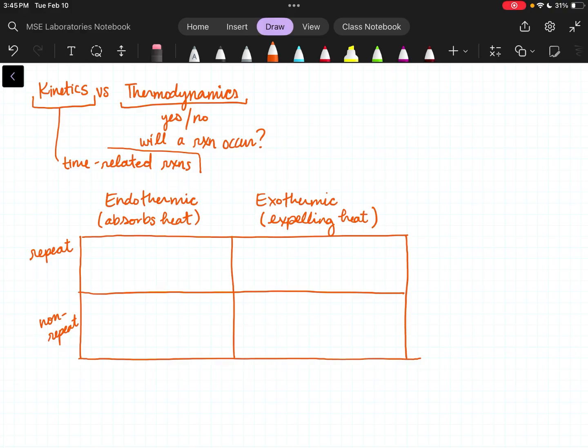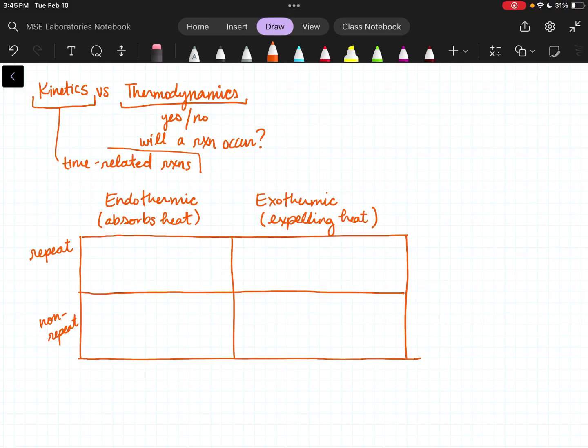So if I have an endothermic reaction that absorbs heat, if I then cool the thing back down, is it going to undo the reaction it just went through? Can you give me an example of one or the other? Ice melting and then freezing again. Exactly, so that's repeatable because we can go melting and then freezing.